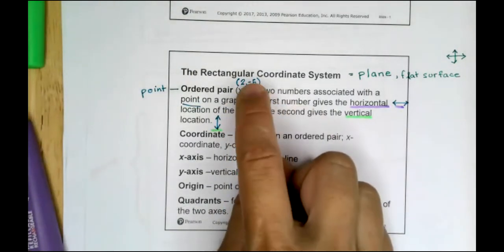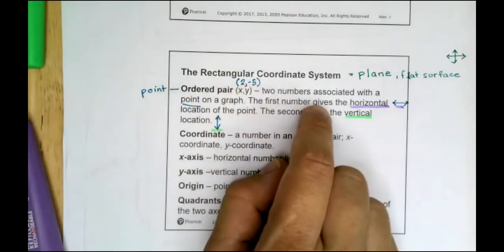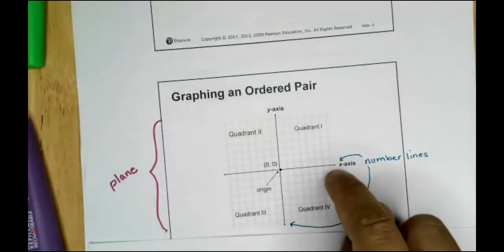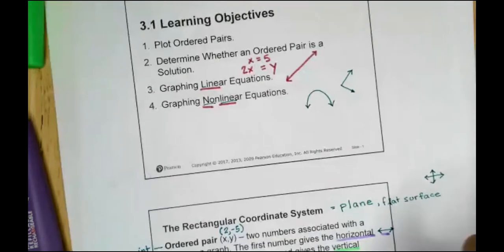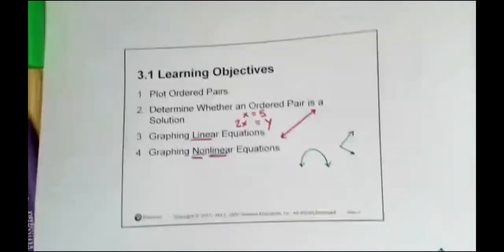The first number in my point or in my pair gives me the horizontal location of the point, okay? So I use the x-axis, this number line. This would be the horizontal number line, right? So I made horizontal purple.